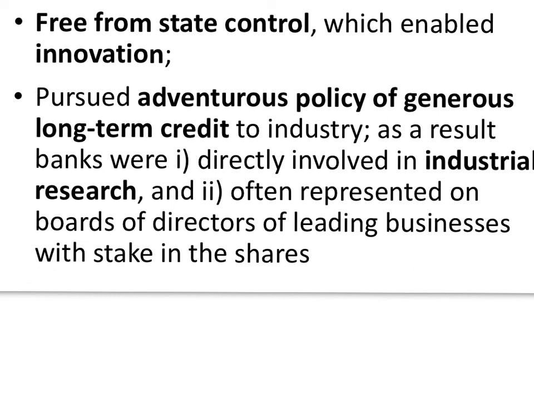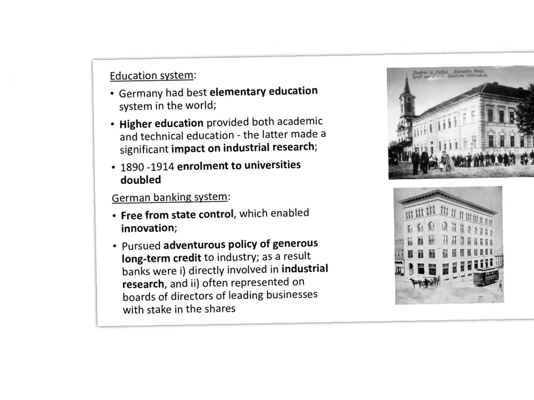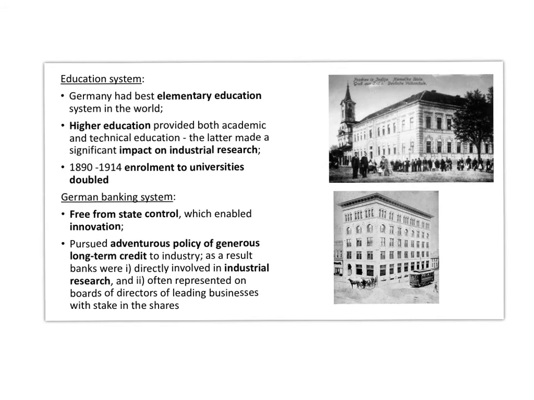For example, Krupp or Thyssen or AEG would have a board of directors, and on that board would be representatives from the banks. The purpose of a board of directors is to ensure the business is run to make a profit. So the banks, if they're on the board, have a direct interest in making sure the business is profitable. That again was a key feature of why there was an industrial takeoff in Germany.